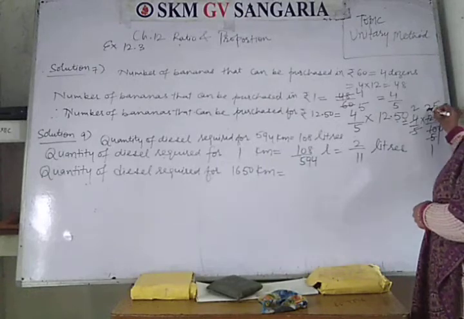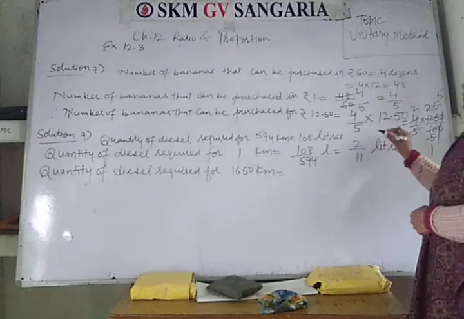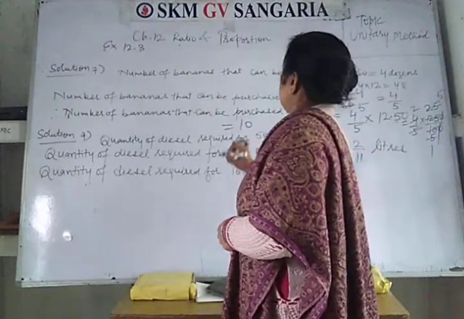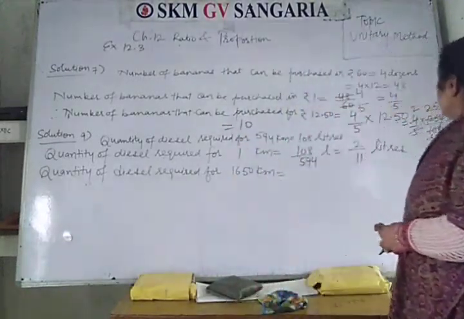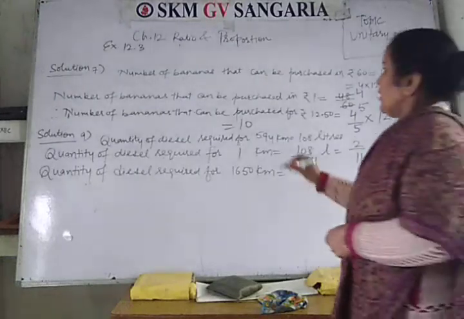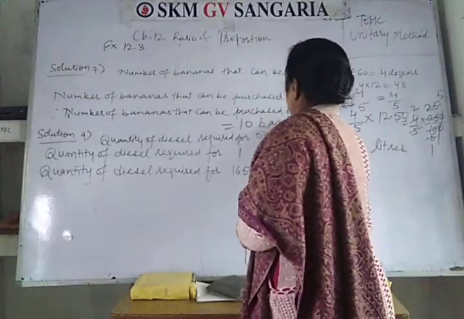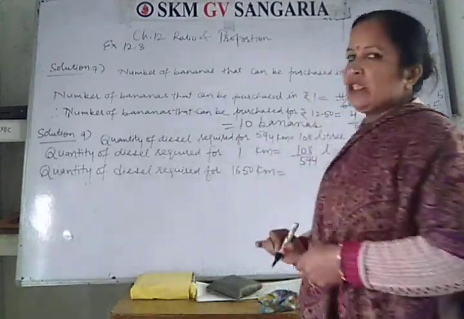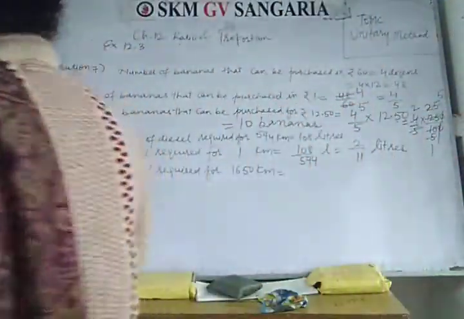Again 5 1s are 5, 5 5s are 55. So 10 bananas can be purchased.